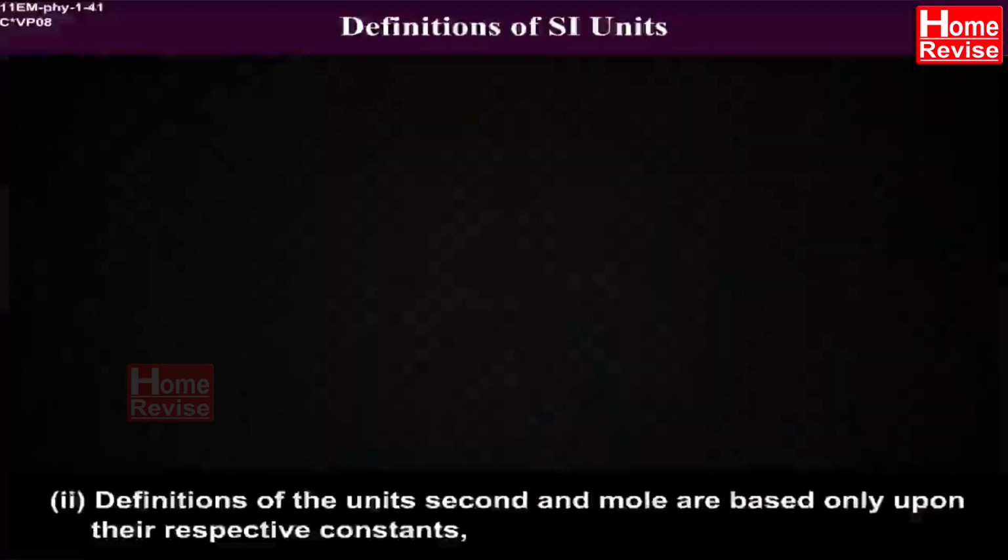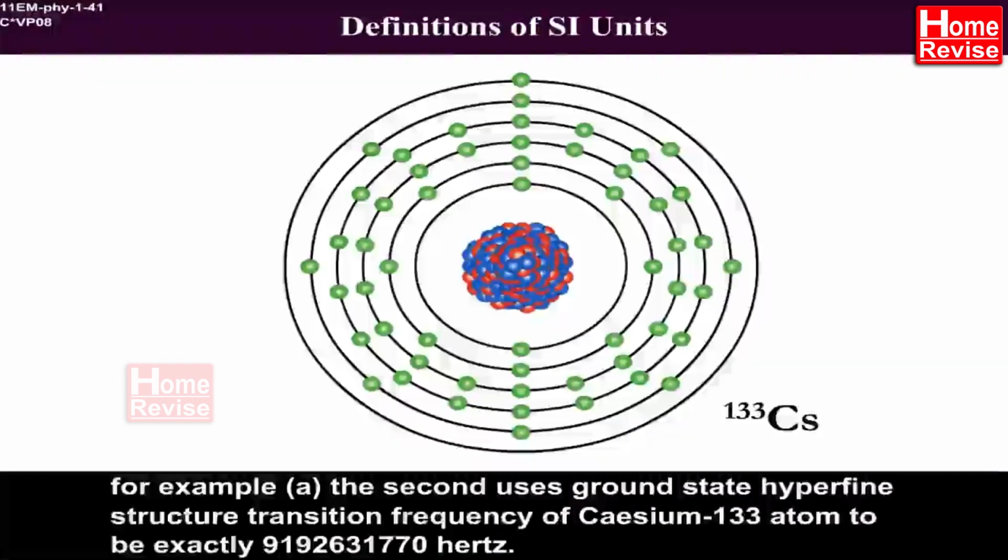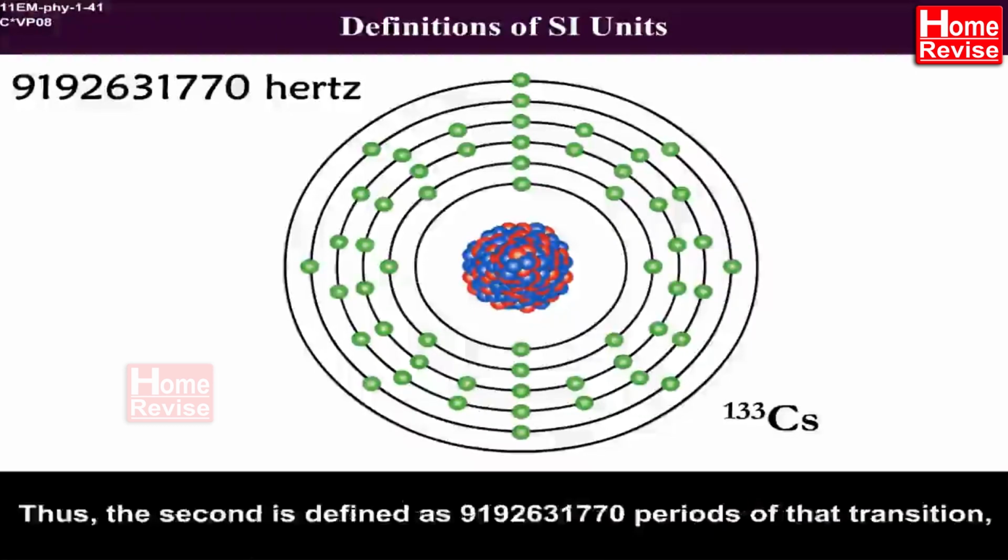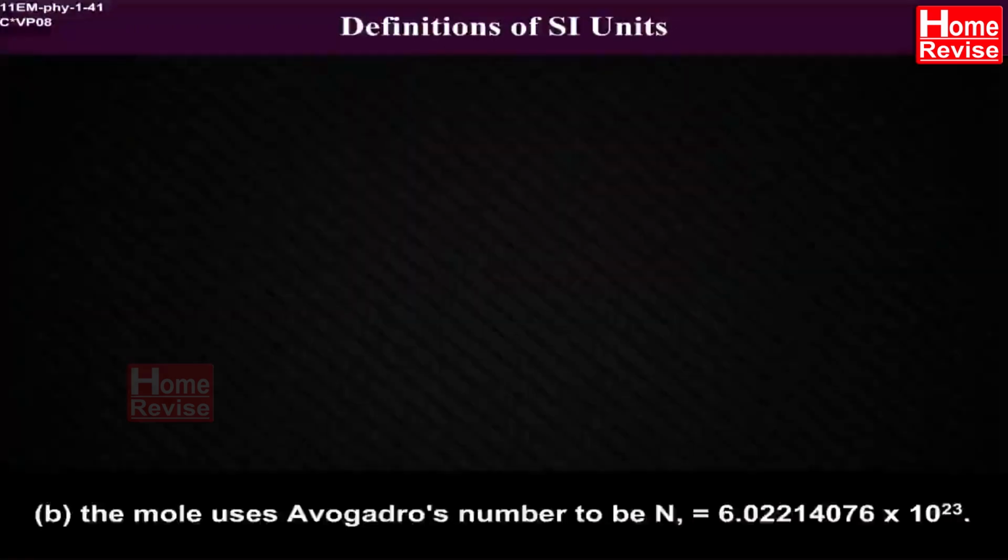2. Definitions of the unit second and mole are based only upon their respective constants. For example, A. The second uses ground state hyperfine structure transition frequency of Cs-133 atom to be exactly 9192631770 Hz. Thus, the second is defined as 9192631770 periods of that transition.